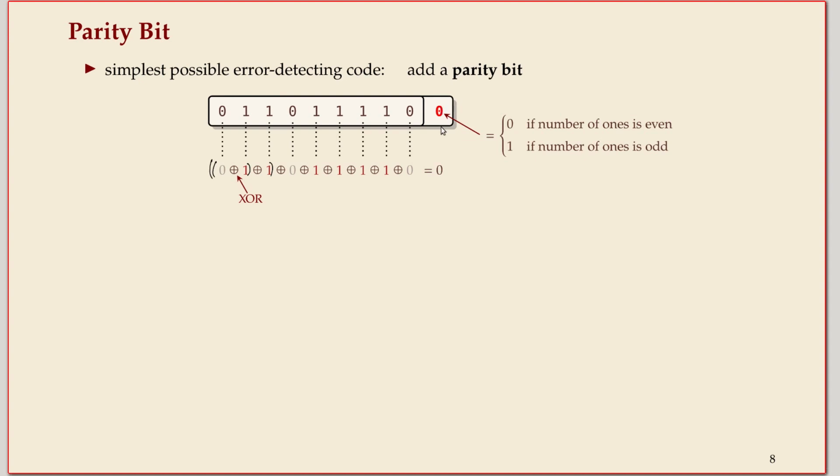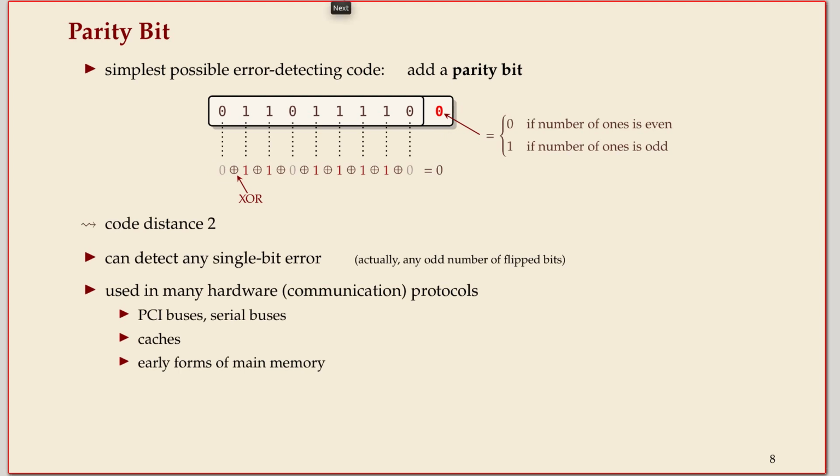But really, a parity bit is about the simplest thing you can do. It's obvious that this can detect a single bit mistake, because if one of those bits flips, then of course the parity will be wrong. It should flip from whatever it was to whatever it wasn't. And you can detect this. And that's also all it can do.